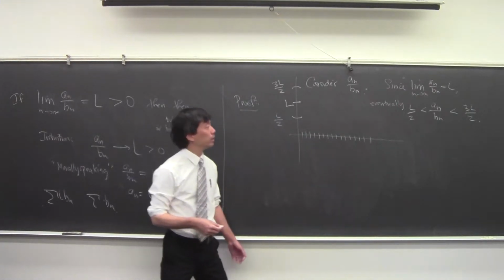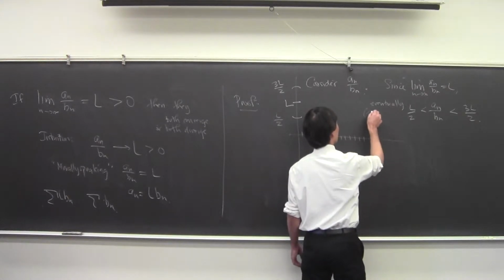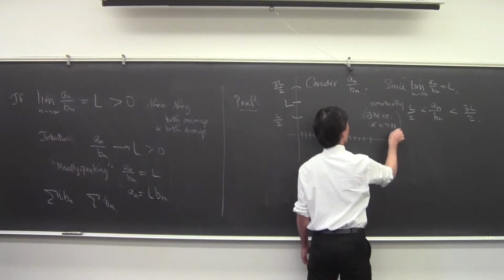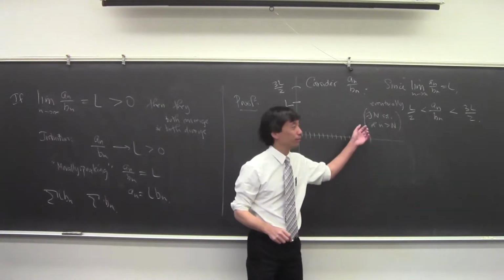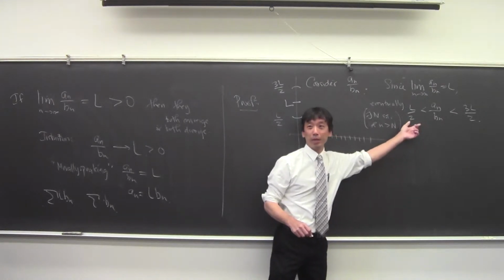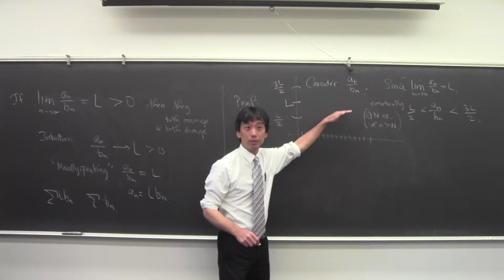By eventually, I mean there exists an N past which, if n is bigger than N, you put that in mathematical notation. There's a time past which this is going to be true, because the limit is L. Everybody okay?